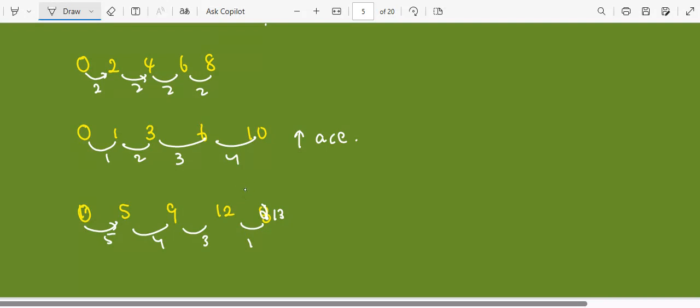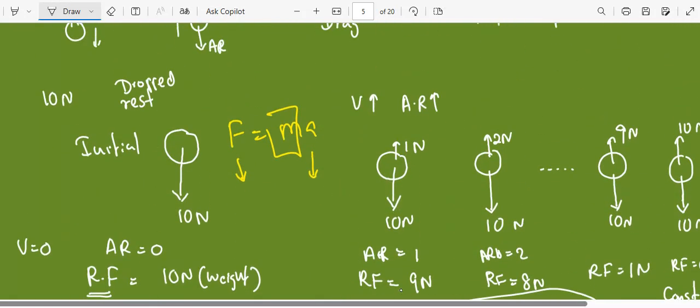Even though it does not follow the same trend, the amount the speed increases by each second is changing. So this third situation is what happens in our previous case.